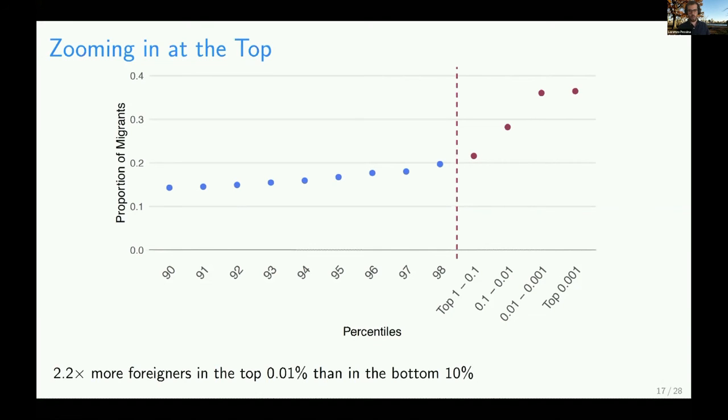To give you a reference point, the top 0.01% corresponds to around 5,000 individuals in the UK.